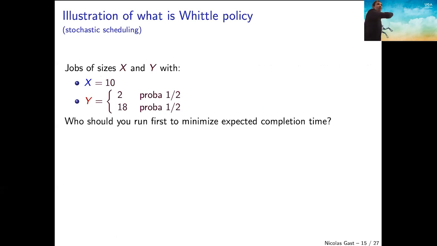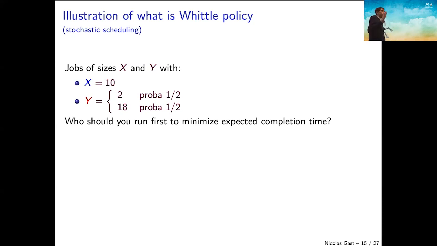But yeah, okay. I want to give you an example because I think examples are nice and they help you understand what's happening. So I go back to my scheduling examples, where I have 2 jobs that I can run, 2 tasks. I somehow want to minimize the completion time, meaning that if I have a task that is smaller, I want to do it before the other one.